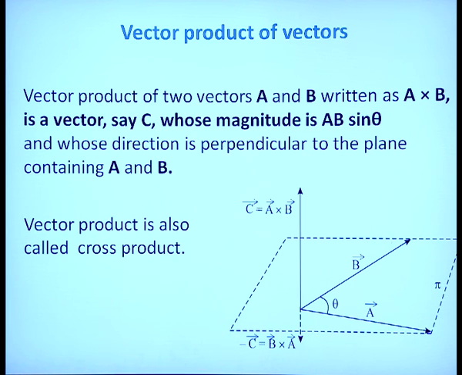So, if we curl our fingers in clockwise direction, then the thumb is in downward direction. Hence, the resultant vector will be in downward direction. Hence, A cross B is in upward direction and B cross A is in downward direction.